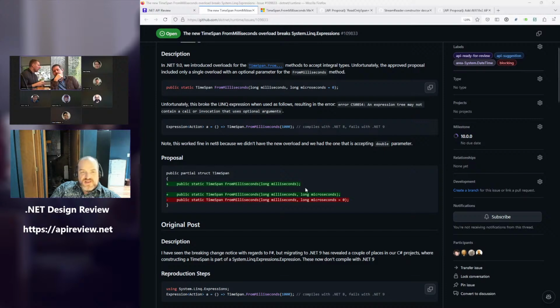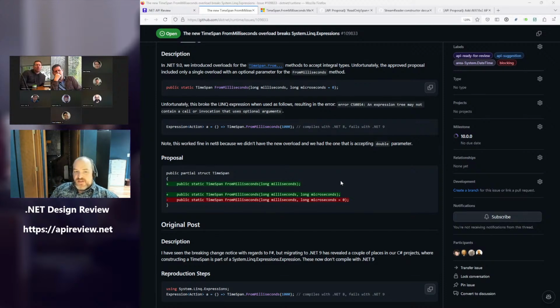So maybe that means if we're overloading an existing method, we need to think about adding an overload that only has one default parameter, because the only reason we care is it broke existing code.